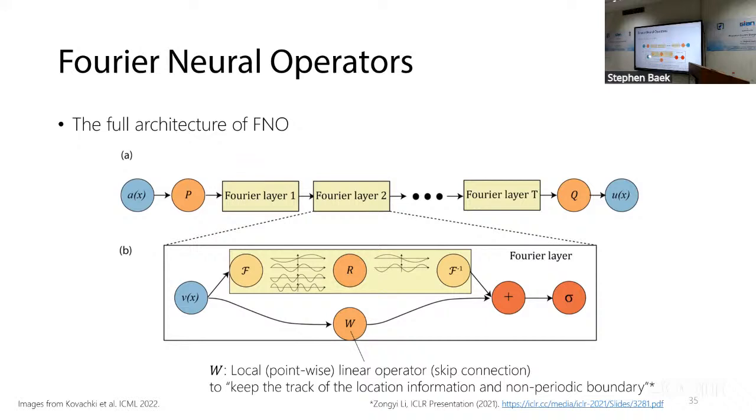There's an auxiliary pathway. This is a parallel connection inside of the neural network. In what's called a skip connection, we apply the local pointwise linear operator. The point of doing this is that when we do the Fourier transform, especially for computational concerns, we do not use infinitely many sine waves.